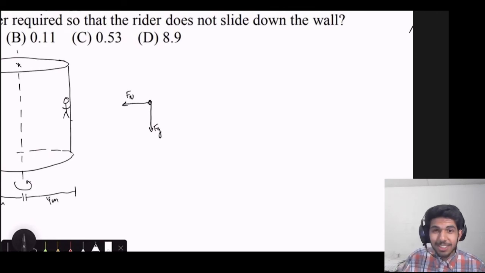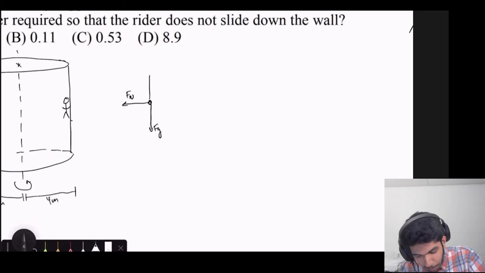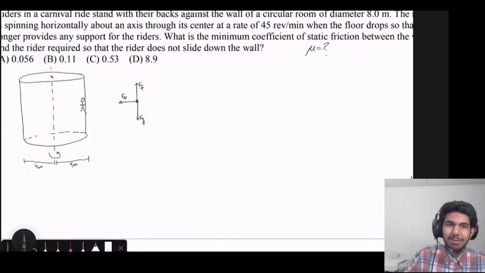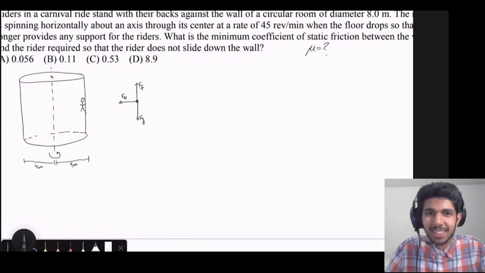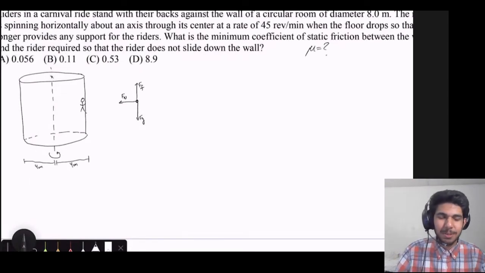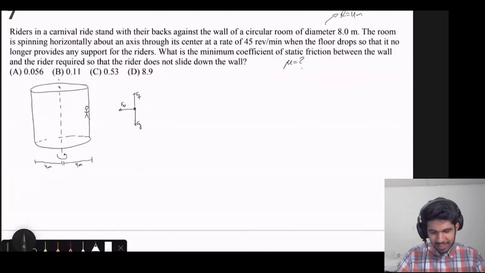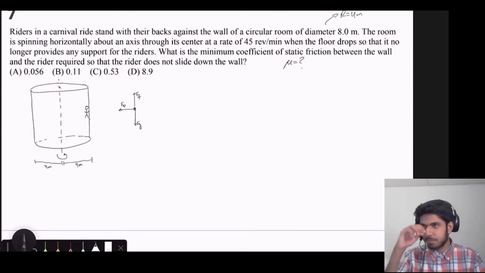So the force of friction should oppose that direction, and friction points upwards. What is going on? That is the weirdest free body diagram of all time. Unbelievable. This is exciting. We have a very strange free body diagram.